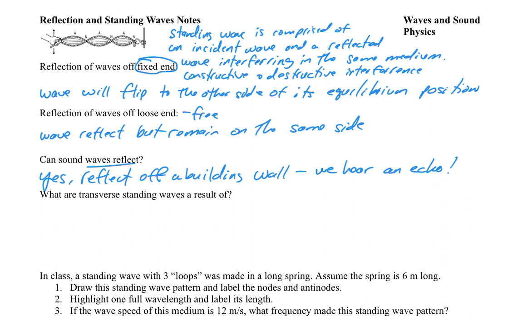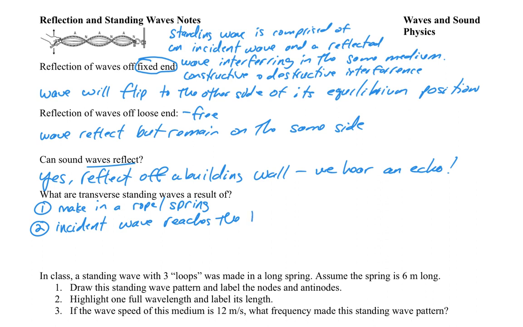Most of the standing waves we're going to look at are going to be transverse standing waves. So for instance, we're going to make some, and we can make them in a rope or a spring. So what happens is that the incident wave reaches the boundary and reflects back.